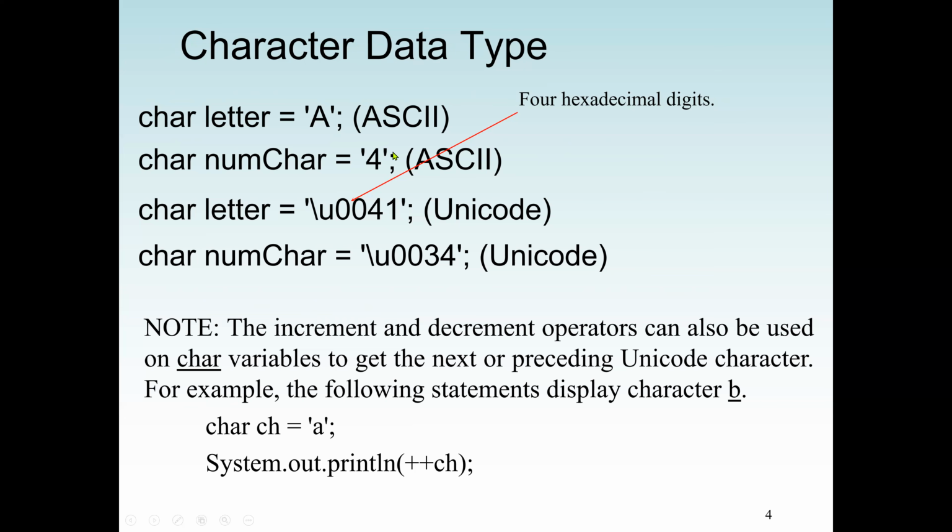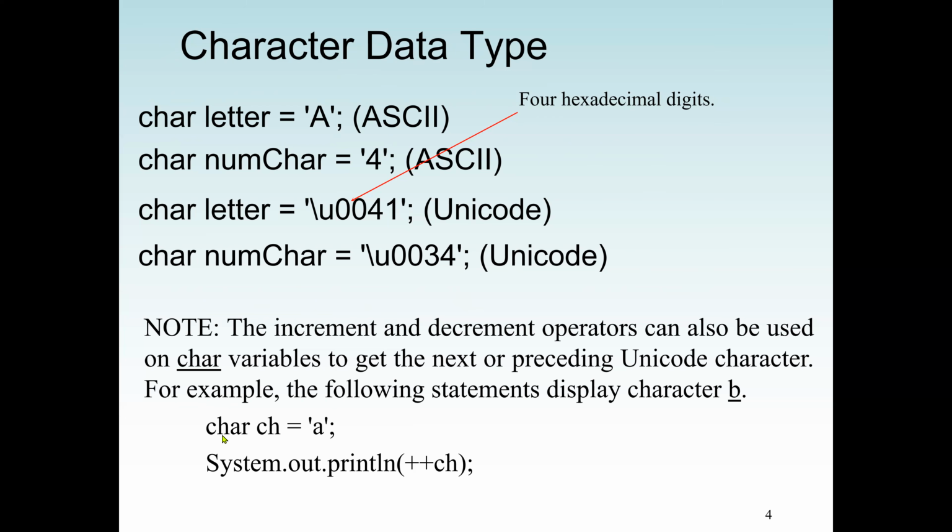Let's say A is 65, B is 66, etc. Normally in ASCII code, the lowercase letters have higher values than the uppercase letters. So uppercase A and lowercase a are not the same in Java because Java is case sensitive.